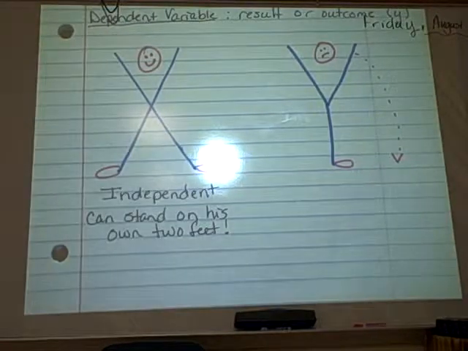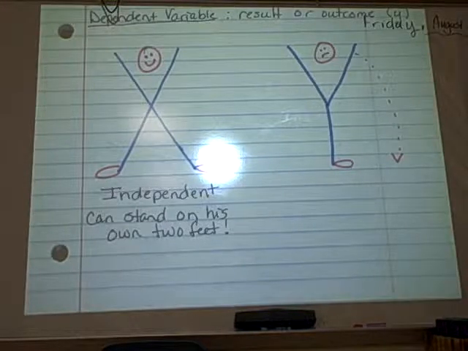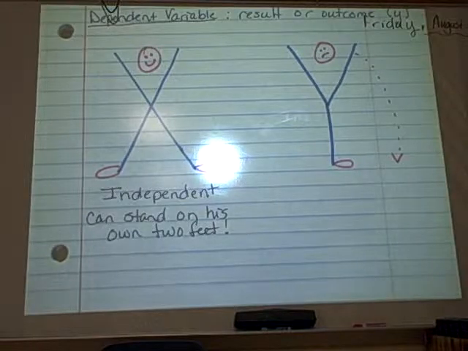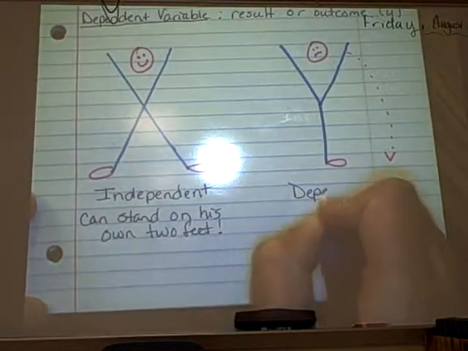He's got 2 feet, he can stand firmly on his own 2 feet. Does that kind of relate to y'all? Do you kind of get where the independence and standing on your own 2 feet makes sense? That means you can take care of yourself. Okay, so then poor Mr. Y over here is dependent.